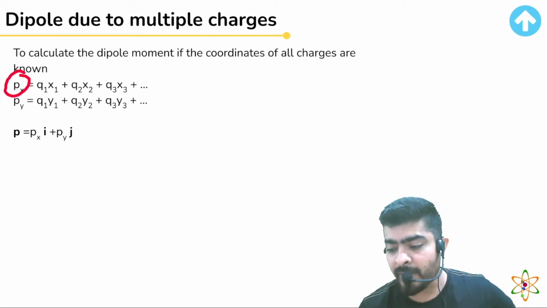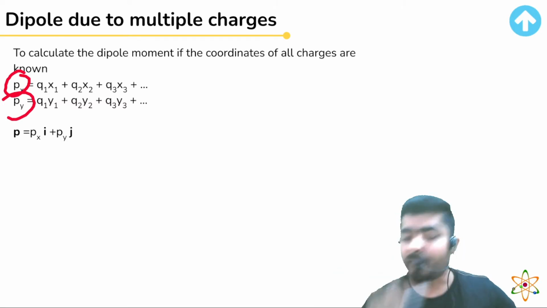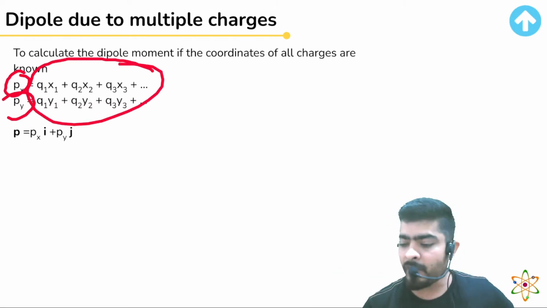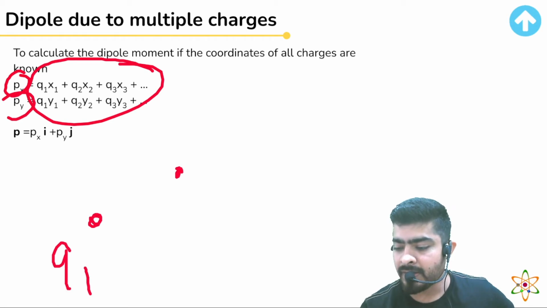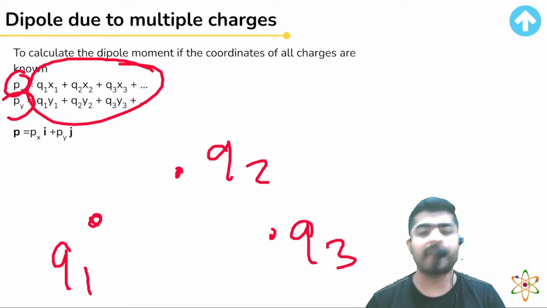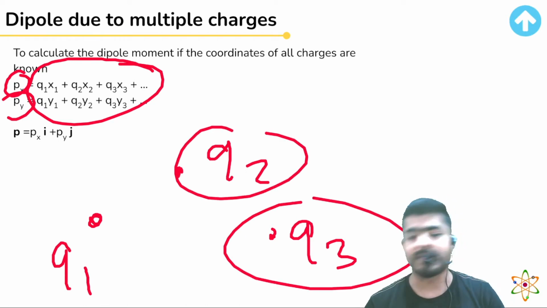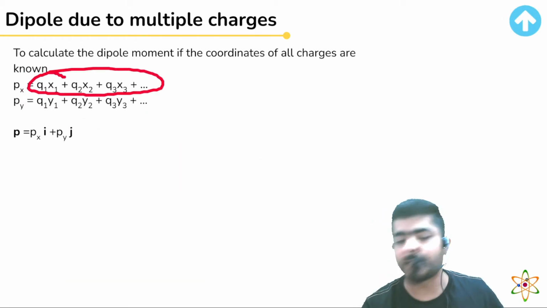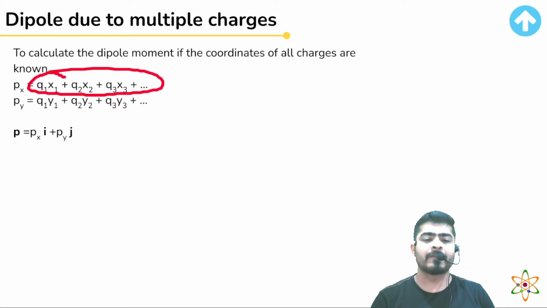First you find px, then you find py. The formula that you should use is this. If you have multiple charges, this is q1, this is q2, this is q3, and their coordinates are x1, y1, x2, y2, x3, y3. Then px is q1 x1 plus q2 x2 plus q3 x3.